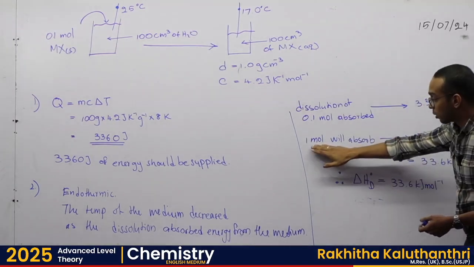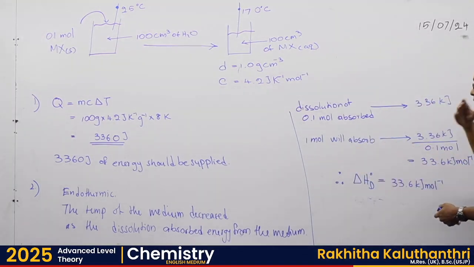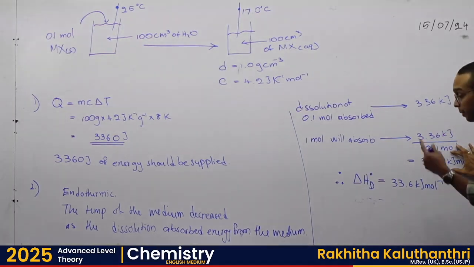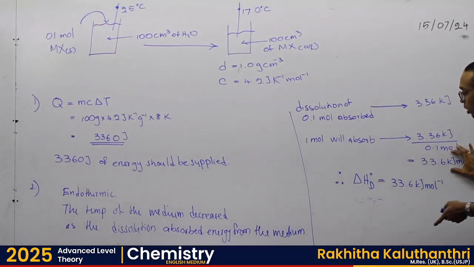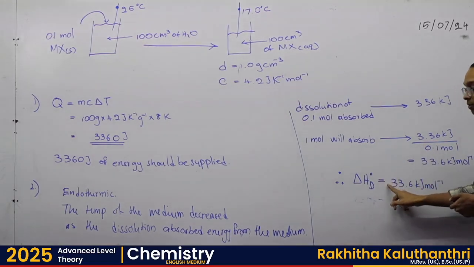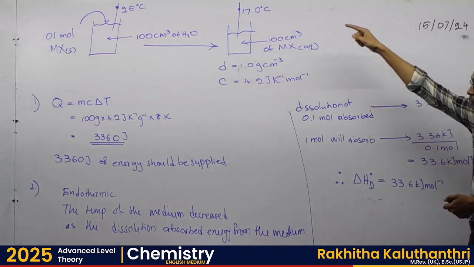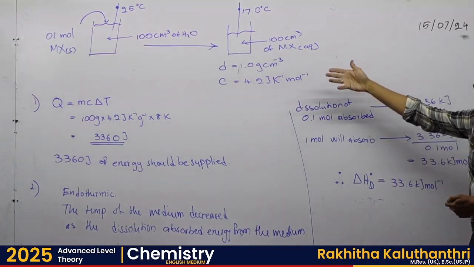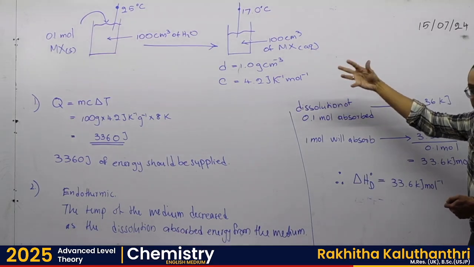That means if you take a look at 1 mole of substance, when that dissolves in water, this much kilojoules per mole will be absorbed. So that is the dissolution enthalpy of Mx. Is that clear? And it should be positive. Why? Again, the temperature decreased. That means the process was endothermic. Is that understood? Right? That should be clear to you.